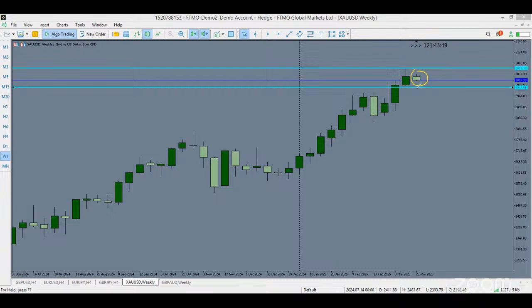Because it's still forming, we have to wait until the candle closes by Friday before we can take a decision, if we are trading only the weekly charts. So we're only looking at the weekly chart to help us see what price is doing overall, just to look at the bigger picture. Okay, thank you so much, sir.